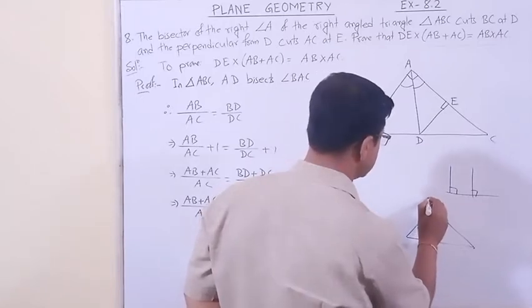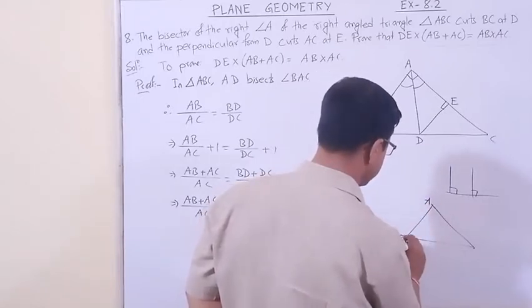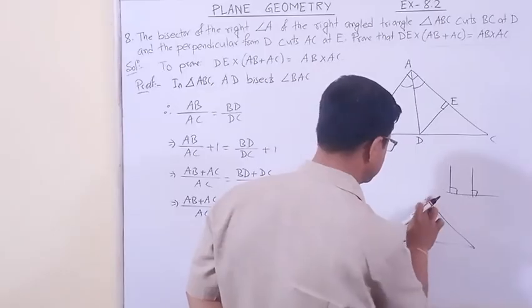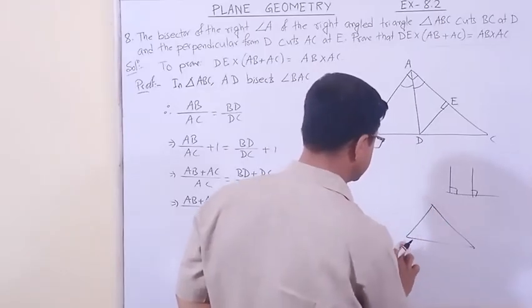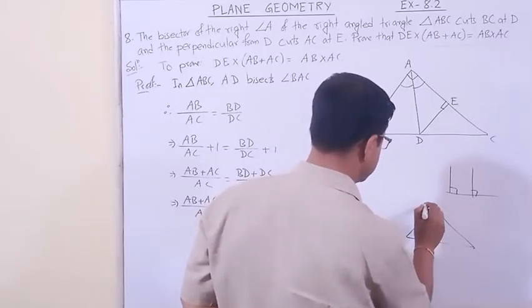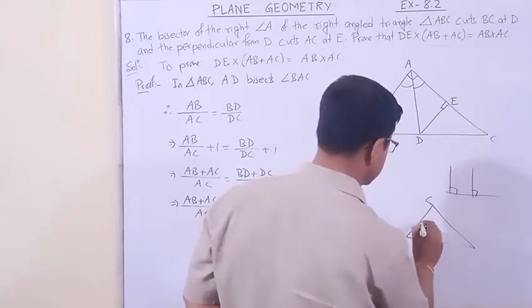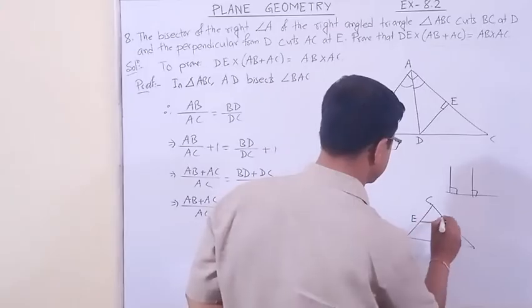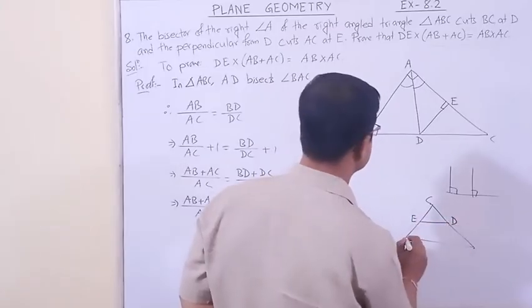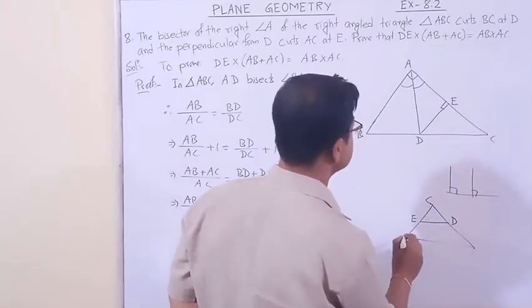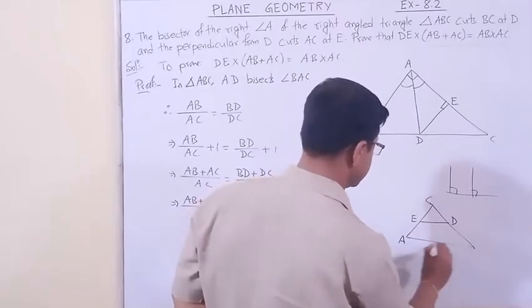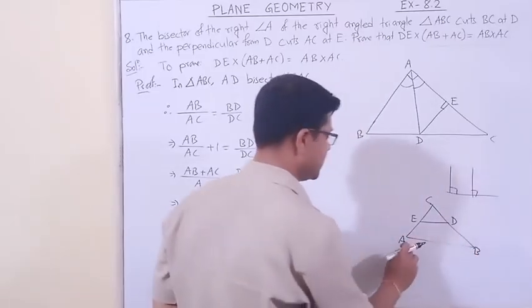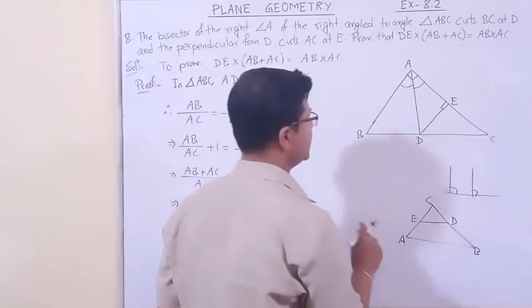Let us write in this way. This is E and this is D. This diagram is easier, I think. C, this is A, this is B. Correct? Yes, this is the triangle ABC and ED.